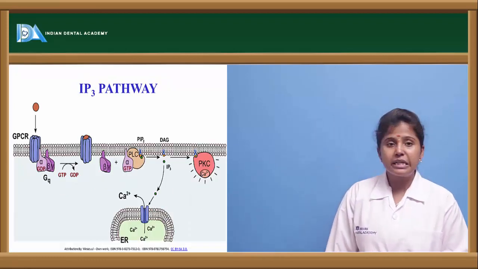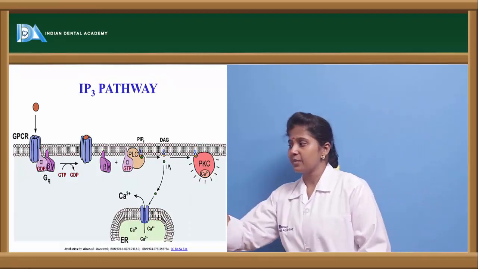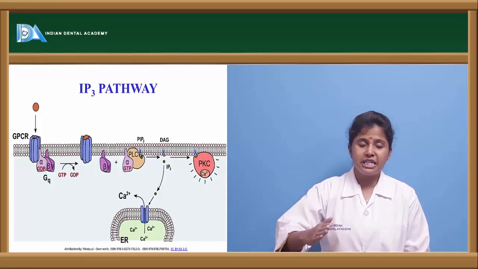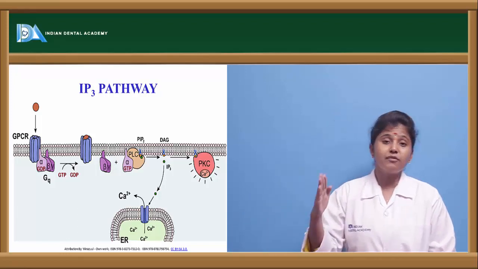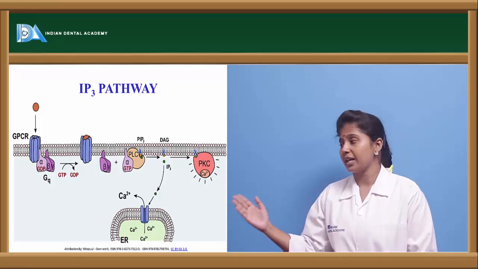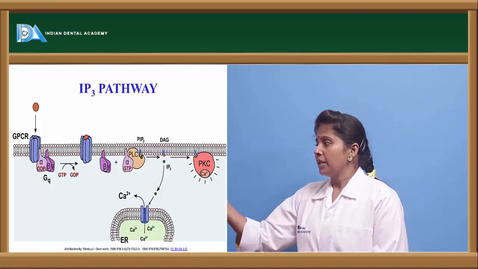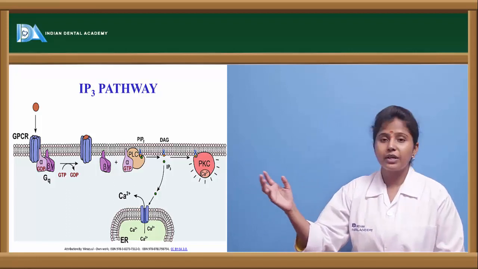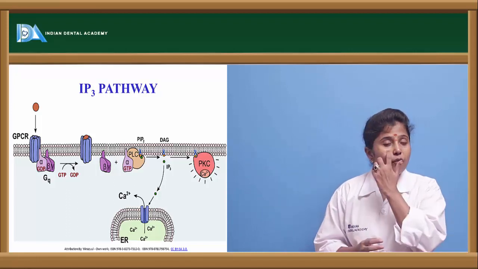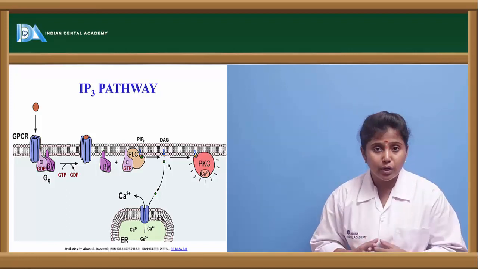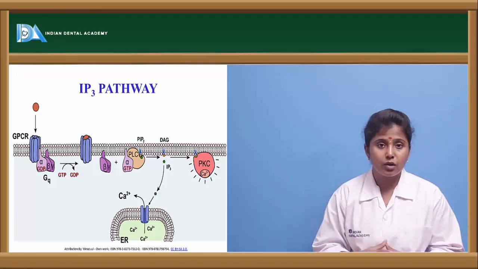If you see the IP3 pathway, the initial step is the same. GTP is converted to GDP. After that, the process is different. Here we can see PIP2, that is phosphatidylinositol diphosphate, and diacylglycerol.